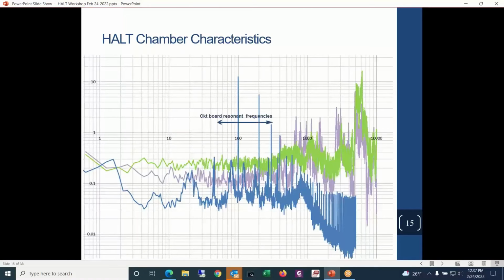Here's a typical power spectral density display. Again, you'll see a lot of circuit board resonant frequencies that exist. Circuit boards have resonant frequencies generally, depending on the size and how it's mounted, maybe between 50 hertz and a couple hundred hertz. Components on those printed circuit boards tend to have higher resonant frequencies, and chip capacitors and die bond wires in microprocessors tend to have even higher resonant frequencies.